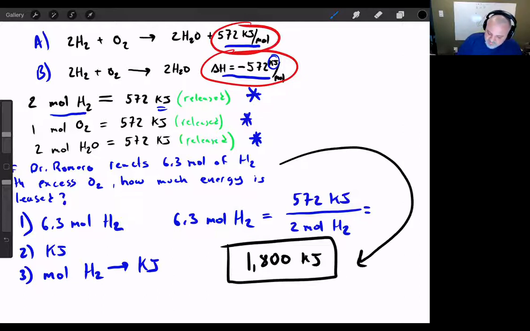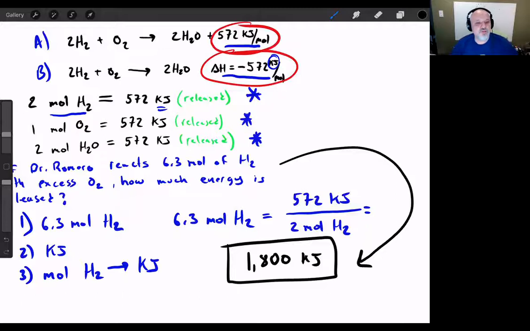Notice that this is the answer to the question. We don't use negative or positive signs in the relationship because we know whether or not it's released or absorbed based on the actual thermochemistry, whether or not it's a product or reactant, or whether or not the sign is given as negative or positive.